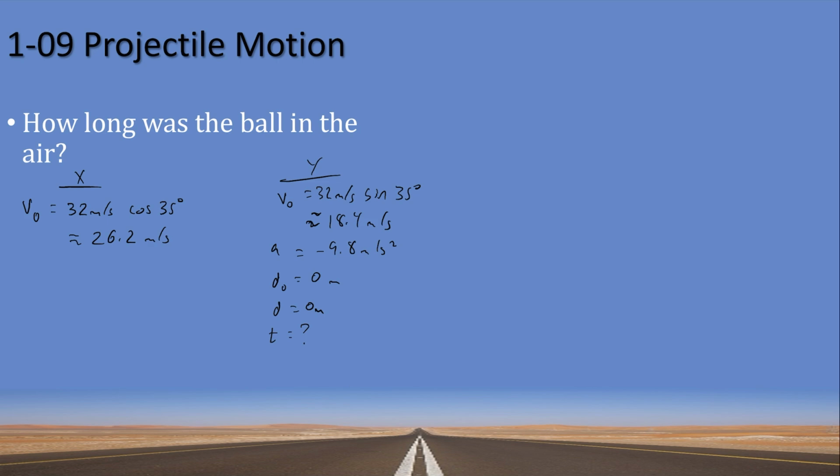So the up and down for hitting the ground would be in the y. So let's look at the y motion. So it looks like it's d equals 1/2 at squared plus v0t plus d0. And I chose that one because that is the variables that I have. Fill in what you know.